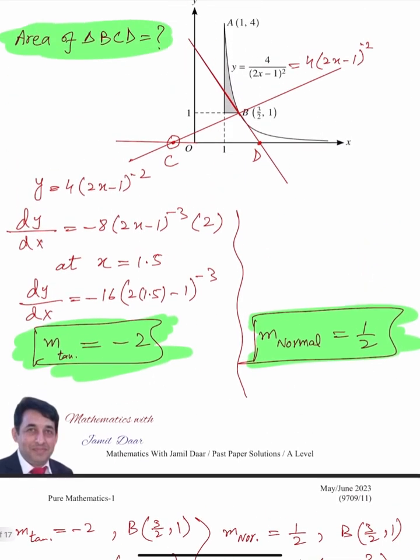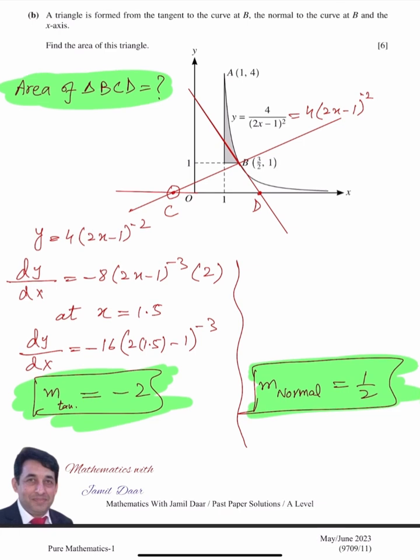So in the diagram, this is minus 1 by 2 and this is 2. So what is the distance from here to here? This distance from C to D is 2.5 units.